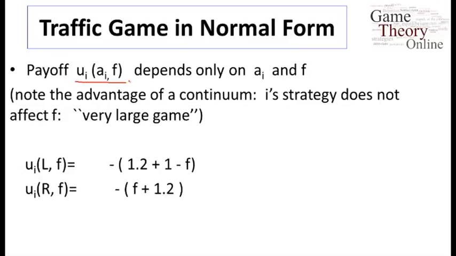Since there are infinitely many players, the action of the one player won't impact that fraction that chooses left or right. So what's the payoff? The payoff is simply minus the sum of the delays. So in the case of going left, it is a fixed delay of 1.2 and then a variable delay of 1 minus f. And similarly for the action of going right.